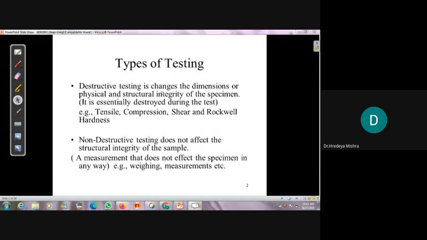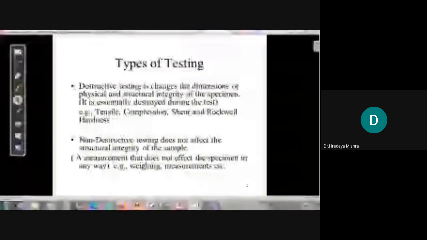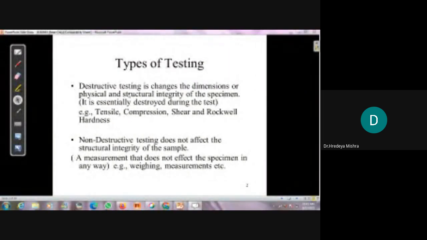There are two types of testing: destructive testing, which changes the dimension or the physical and structural integrity of the specimen, and it is essential to destroy the specimen during the test.